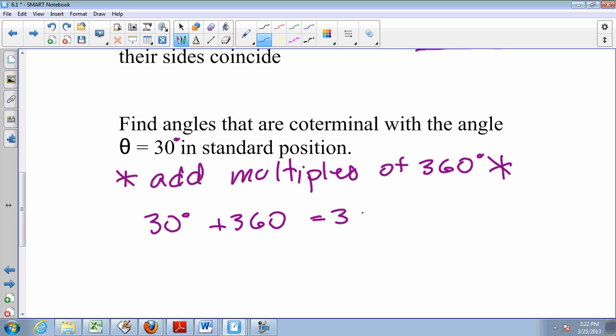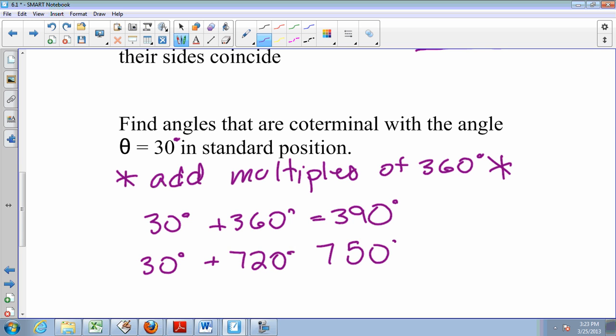This is coterminal. It does a complete rotation and then 30 more degrees. So 30 degrees plus 720, and we get 750. There are infinite amounts of these that we can do, but we're only going to list 2.